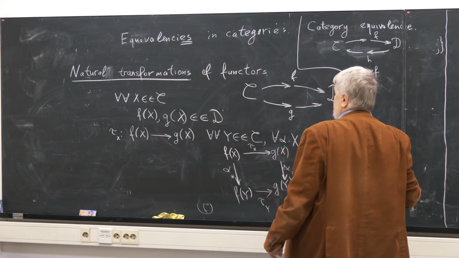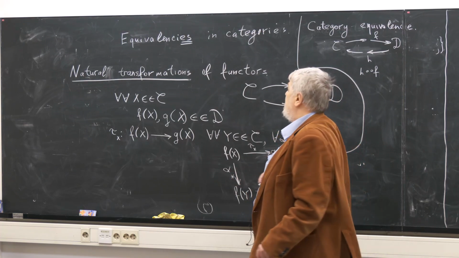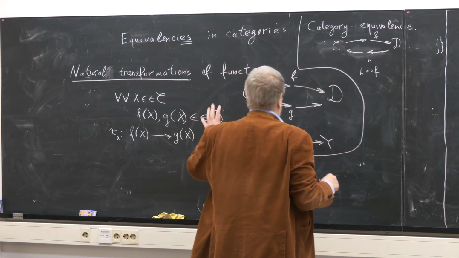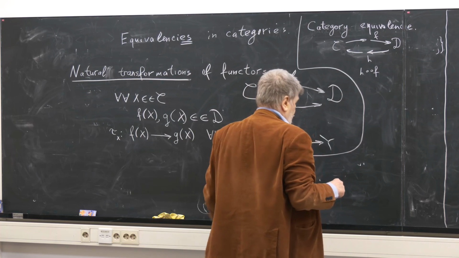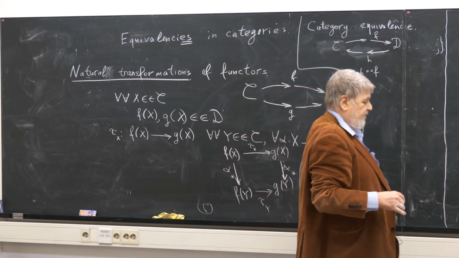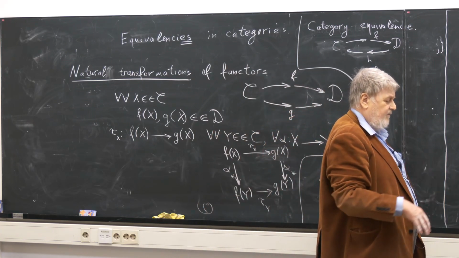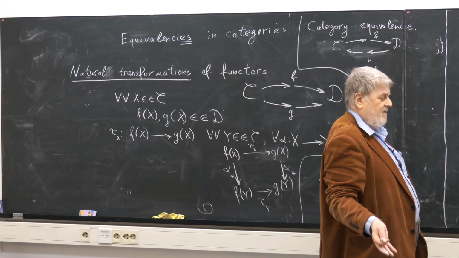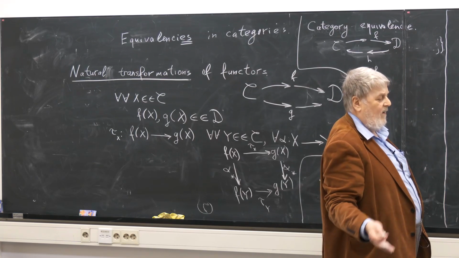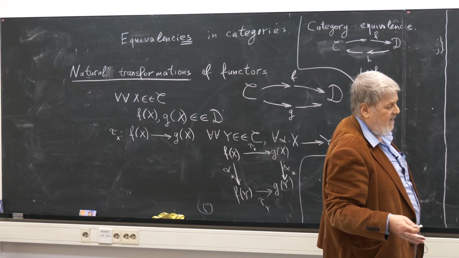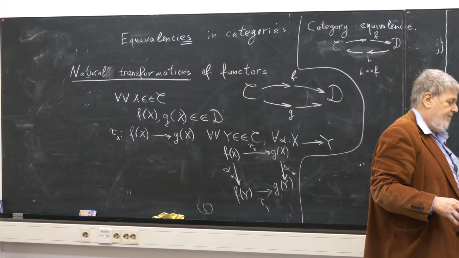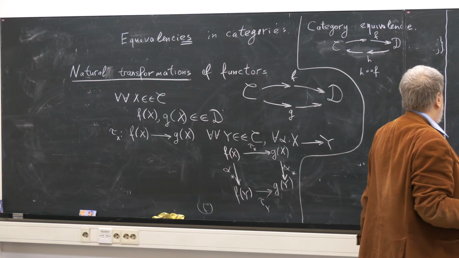Oh, sorry, I have skipped, since the time is over, I have skipped the equivalence of functors. I mean the possibility of natural transformation of one to another and back with all the standard diagrams.